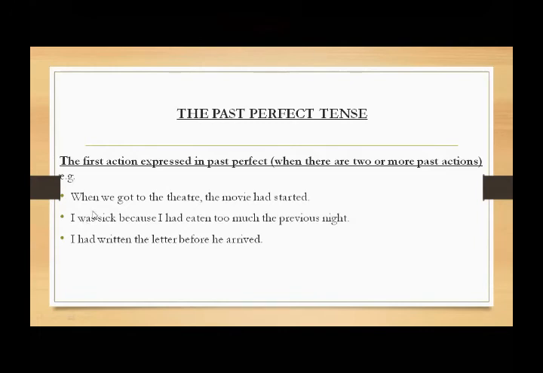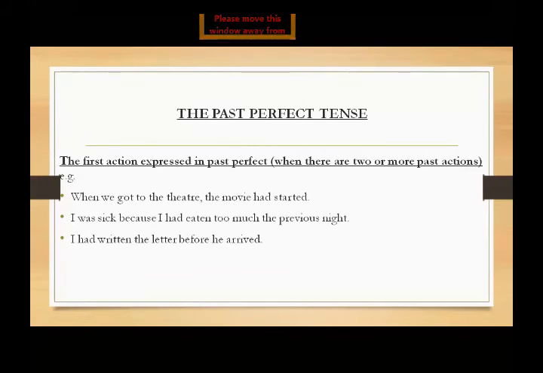I hope you have understood. Then this is just revision, you know very well. Now we are just revising. I was sick because I had eaten too much the previous night. What happened first? I had eaten too much the previous night, so that's why I was sick. The second action was being sick.